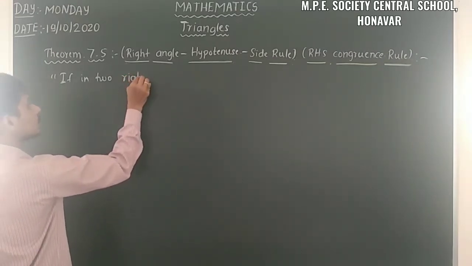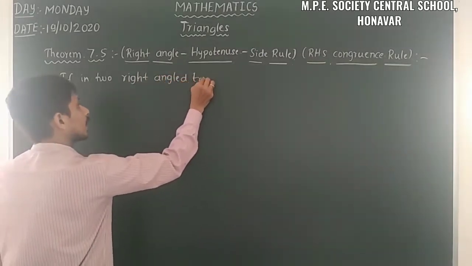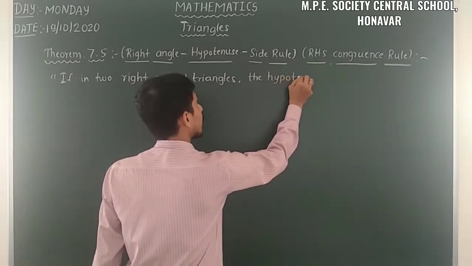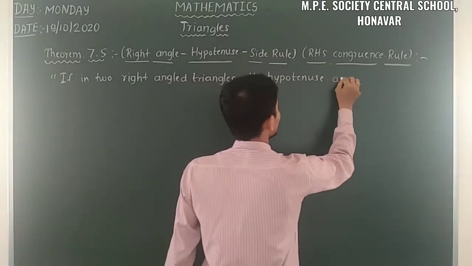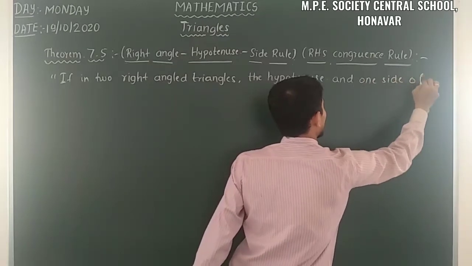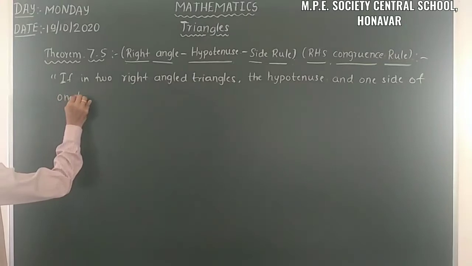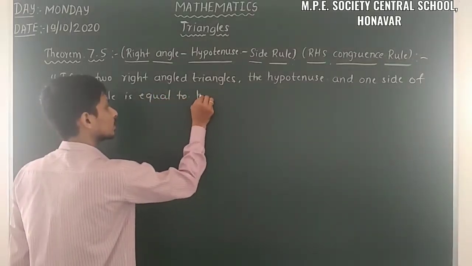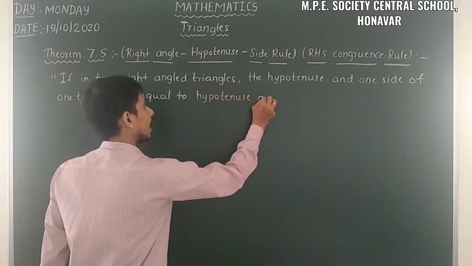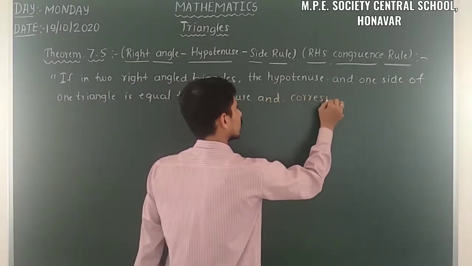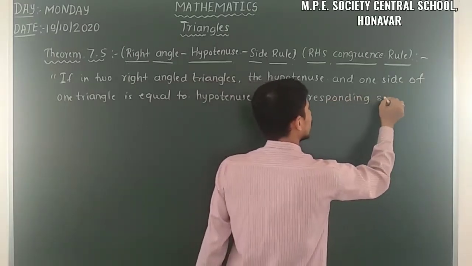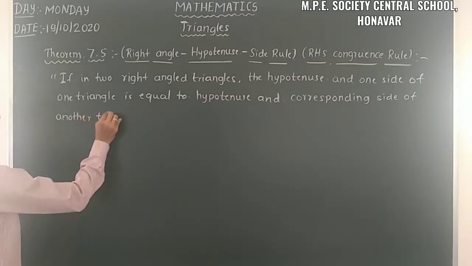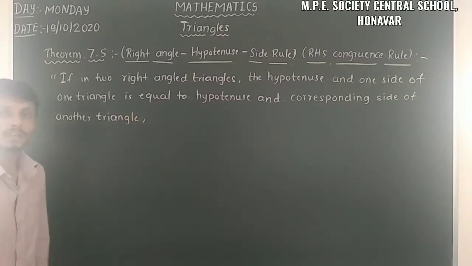If in two right angled triangles, the hypotenuse and one side of one triangle is equal to the hypotenuse and corresponding side of another triangle, this is the condition.